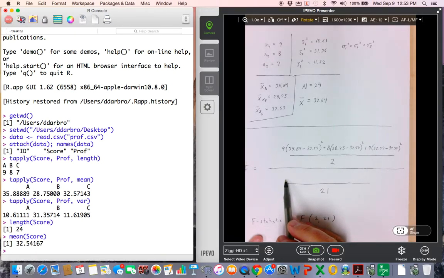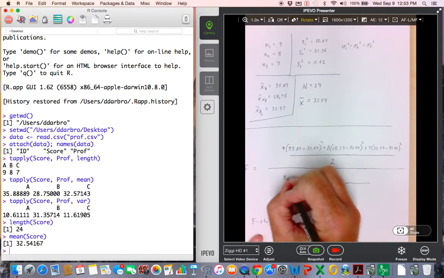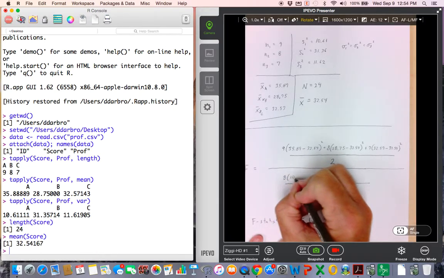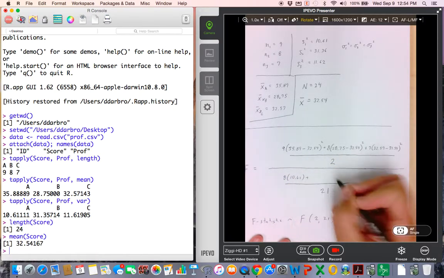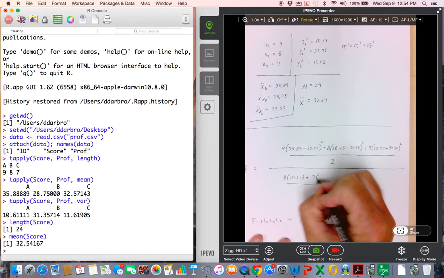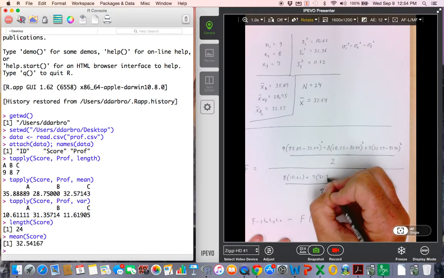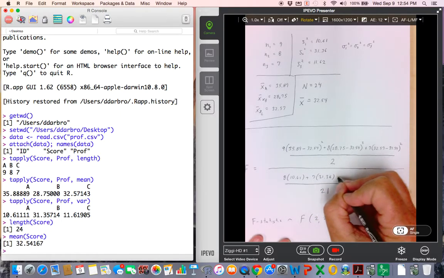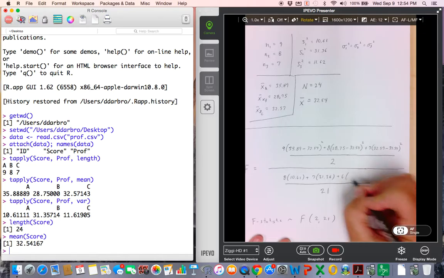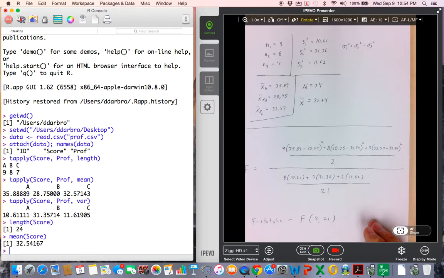Okay, the sum of squares for the error will be the sample size minus 1 times the variance, plus the sample size minus 1 times the variance for Professor B, plus the sample size minus 1 times the variance for Professor C.